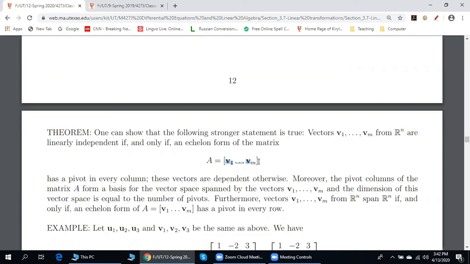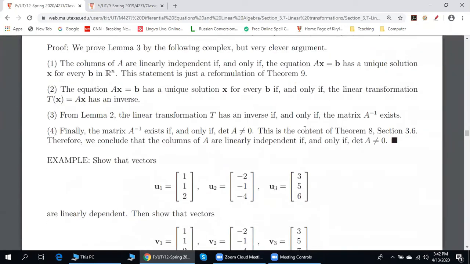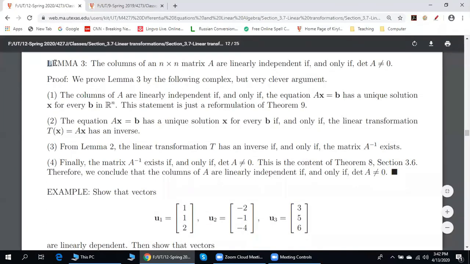Now, if we put our vectors together and the resulting matrix is square, in order to determine whether or not these vectors are dependent or independent, we can also use lemma 3.